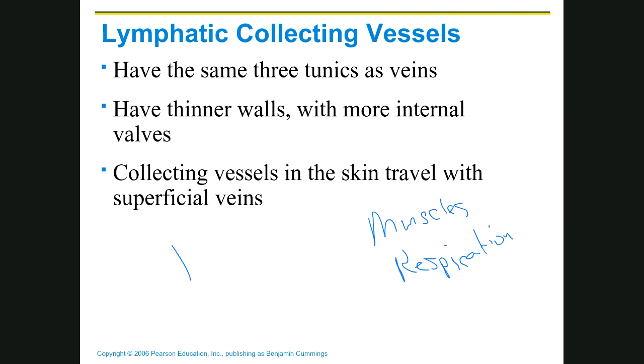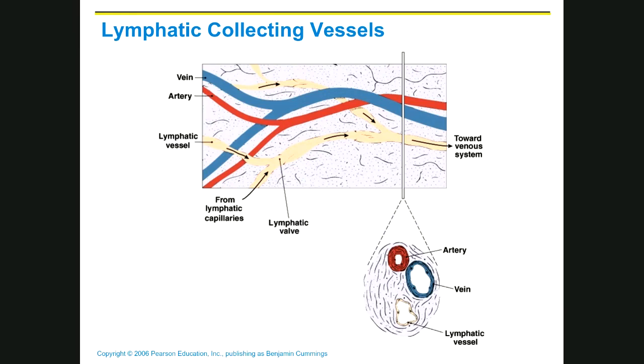There is no heart. There is no pumping organ associated with the lymphatics. And so it's completely and totally dependent on these things to make it move. Another thing is arteries pulse, and when they pulse, they push against the walls here, and that also makes the fluid move.